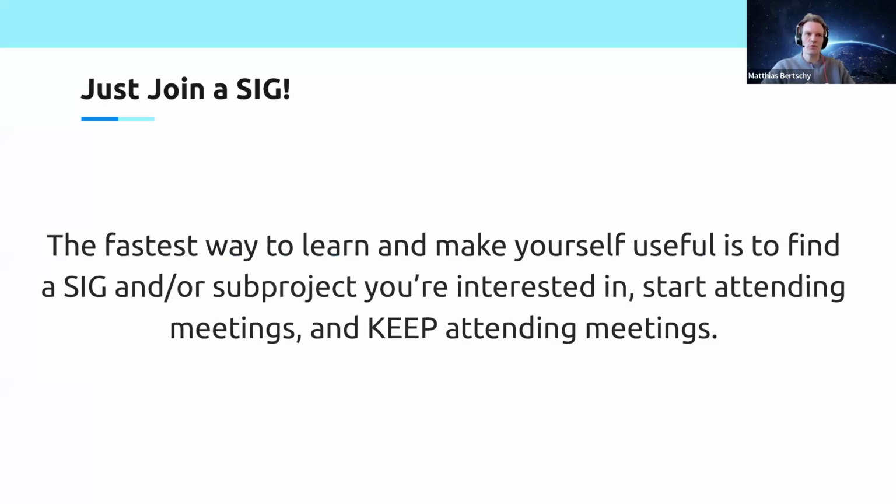The fastest way to learn and make yourself useful would be to find a SIG that suits your interests and also your time zone for the meetings, because as you will see later, SIGs have weekly or bi-weekly meetings, and only a few SIGs have EMEA-friendly time zones. So you might want to both find a SIG that works on an area you're interested in, and also that has meetings compatible with your schedule.